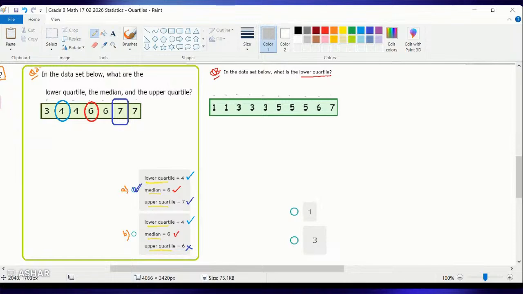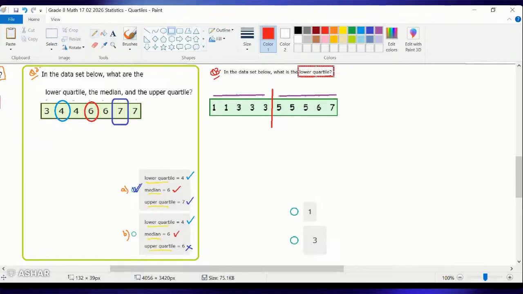The first thing we need to do is see whether they're even or odd, right? In this case they were even, so we separate the values: 5 values on the left and 5 values on the right. We have to find the lower quartile.